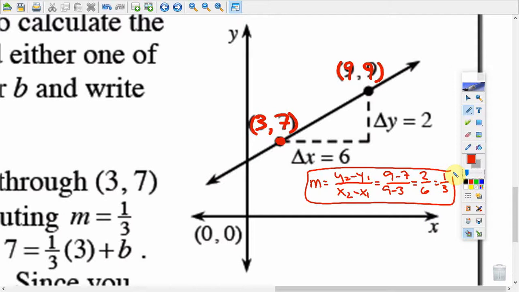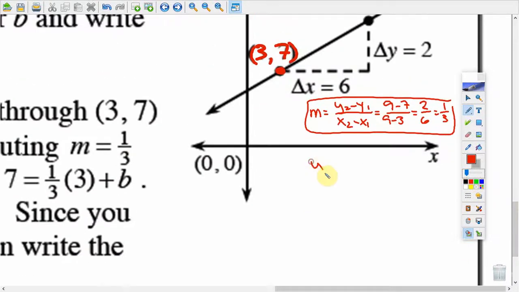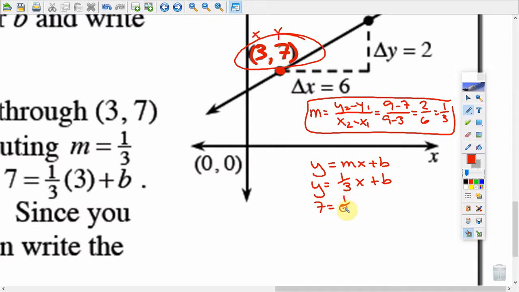We need to get the y-intercept. So to get the y-intercept, we say y equals mx plus b. Plug in 1/3 for m. Let's use the smaller of the 2 points for our x and y. 3 is x, 7 is y. So we say 7 equals 1/3 times 3 plus b. 1/3 times 3 is 1.